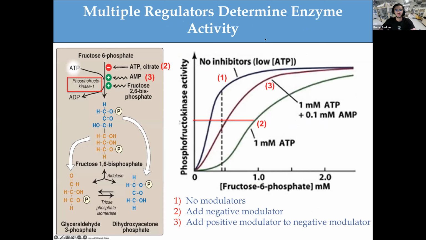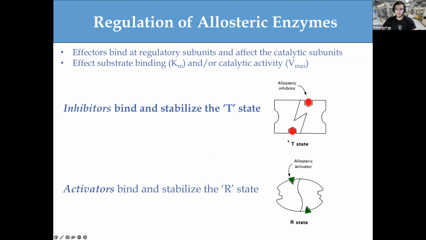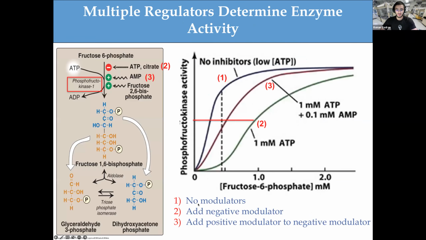Straightforward. This is also now discussing another example of an allosteric activator or inhibitor. One is no modulator. This is the normal condition, right? And two, it severely dropped. It kept the enzyme in a T state, so it made it very hard.